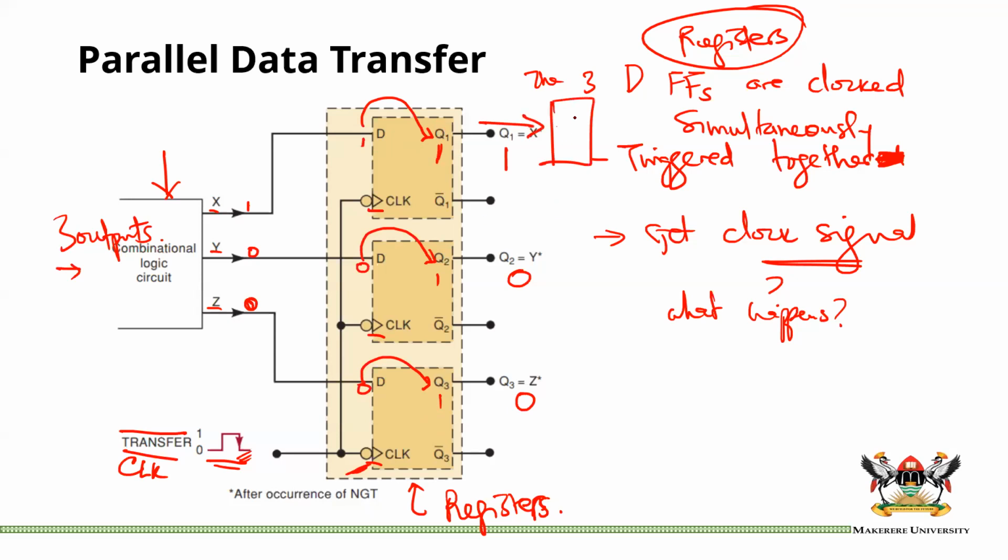And if you had another flip-flop here, then this 1 which was here is now, in fact, inside that flip-flop. We are going to study this a bit more, but this is one of the major applications of flip-flops. They facilitate data transfer. They do this both for serial data transfer and also for parallel data transfer.